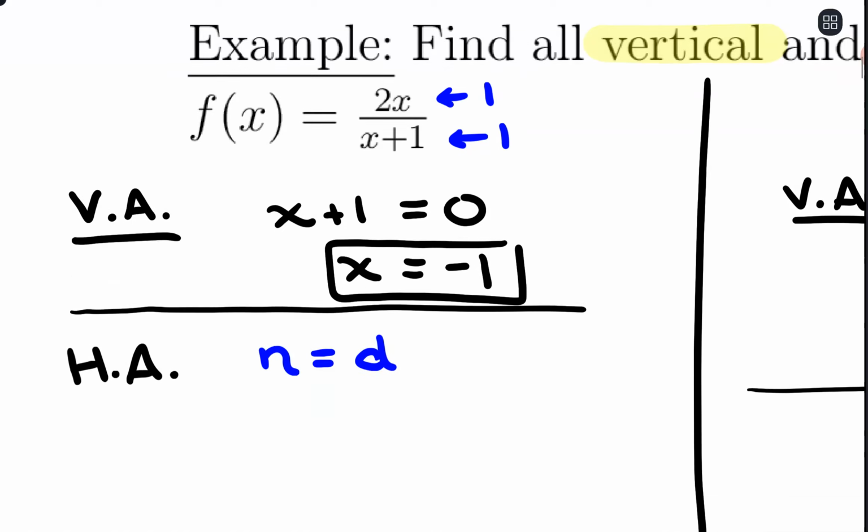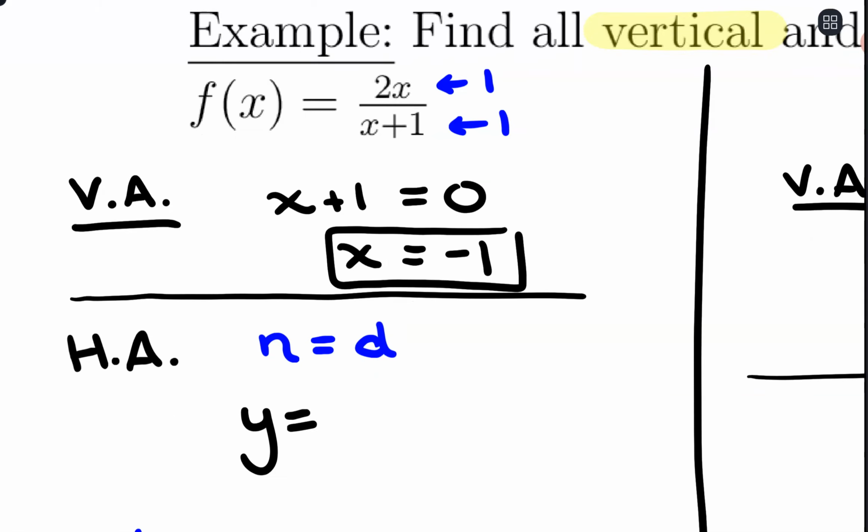When that happens, we go y equals a ratio of the leading coefficients. I'm comparing 2x in the numerator to x in the denominator. In the numerator, the leading coefficient is that 2 multiplying x, so I grab that for the numerator of my horizontal asymptote. And x in the denominator technically has a 1 out in front of it, so the leading coefficient is 1. So the ratio I get is 2 over 1.